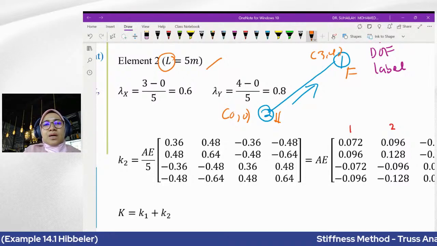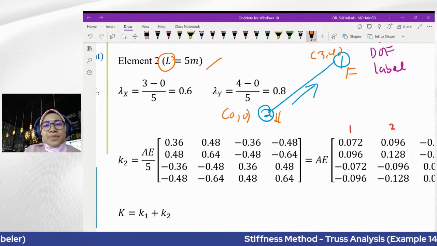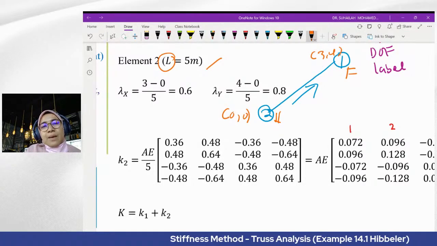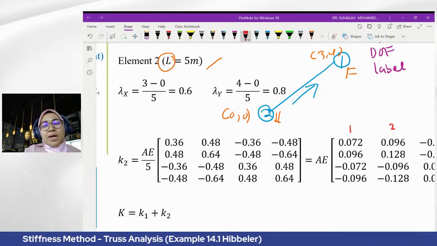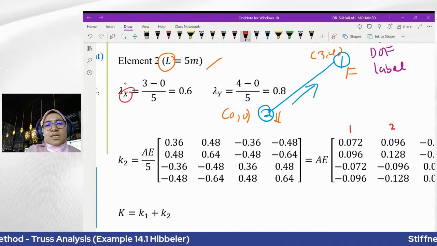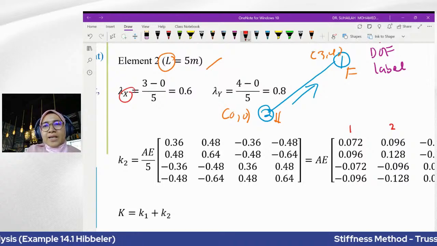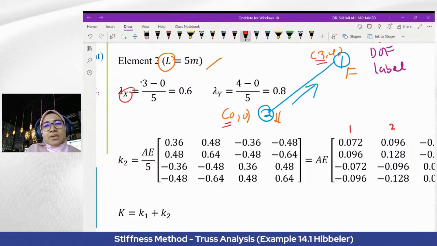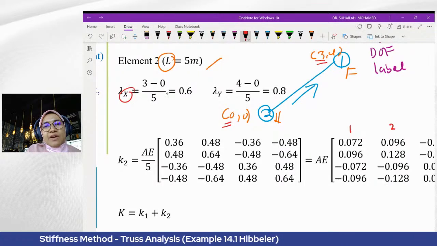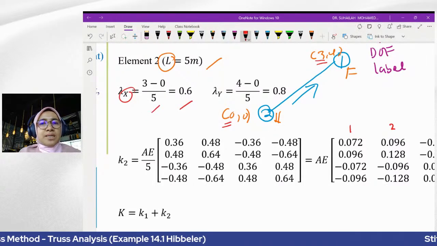We continue to calculate lambda x and lambda y. Always remember, when we want to calculate lambda x, we focus on the x coordinate. The x coordinates are 3 and 0. It is far minus near, so 3 minus 0 divided by 5, we get 0.6.